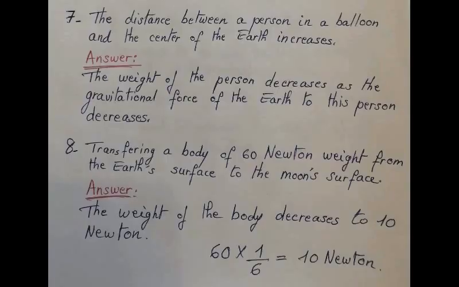Number 7. What happens when the distance between a person in a balloon and the center of the Earth increases? ماذا يحدث إذا زادت المسافة بين الشخص اللي في البالون وبين مركز الأرض، يعني بعدت؟ احنا قلنا كلما ابتعدت the gravitational force هيحصل له ايه؟ decrease. اوكي؟ الانسر: the weight of the person decreases as the gravitational force of the earth to this person decreases. يبقى كل ما الشخص هيبتعد بالبالون يطلع لفوق قوة الجاذبية الأرضية له هتقل وبالتالي وزنه هيقل. نقرأ الانسر تاني.